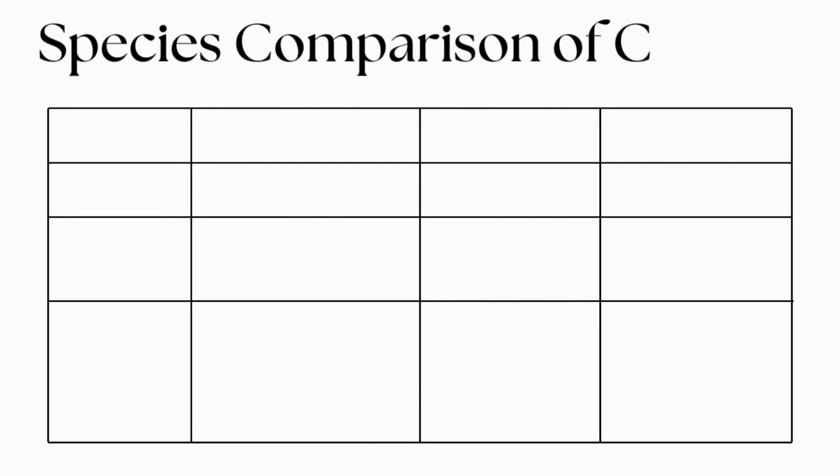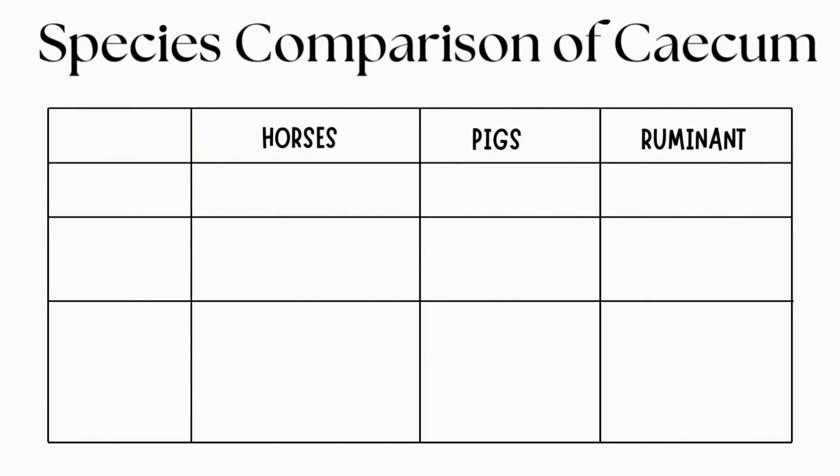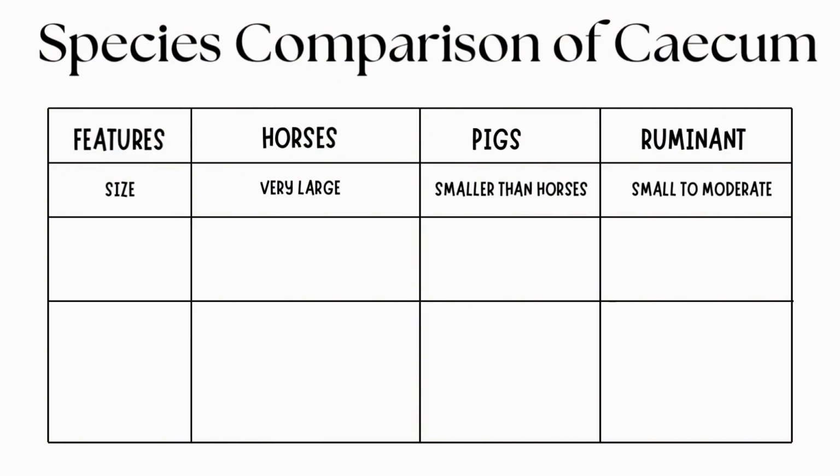Let's talk about the species comparison of the cecum in horses, pigs, and ruminants. The first feature I would like to discuss is size. The horse's cecum will be very large, the pig's will be smaller than the horse's, while the ruminant's will be small to moderate. The next one is teniae and haustra. What are teniae and haustra?